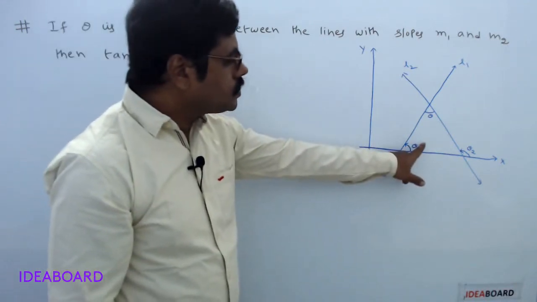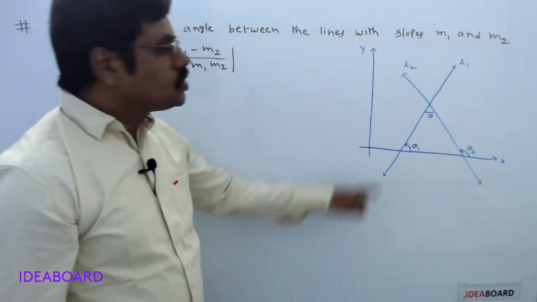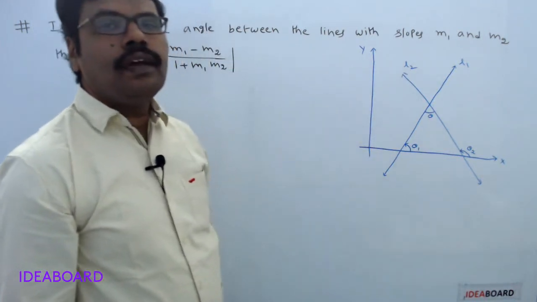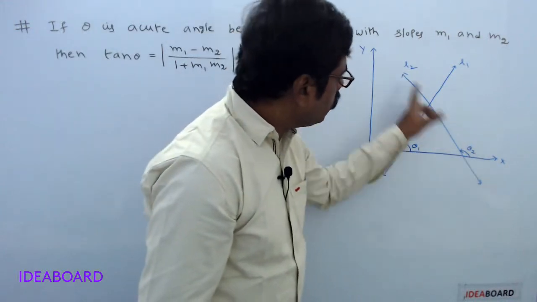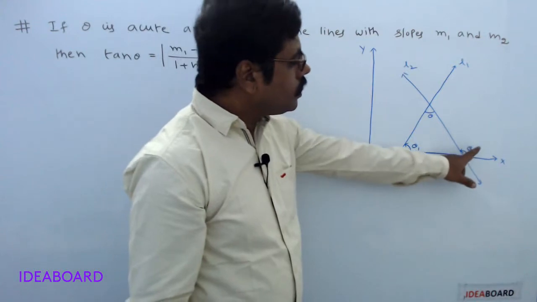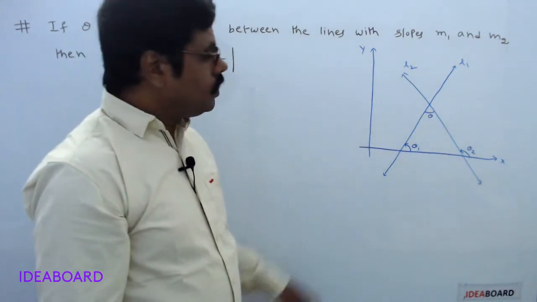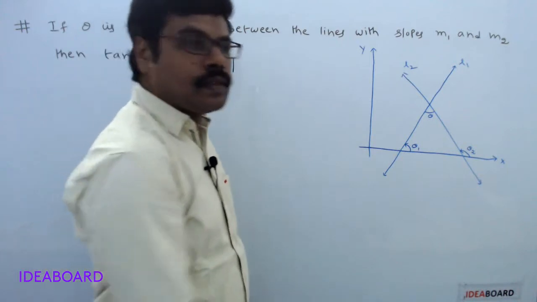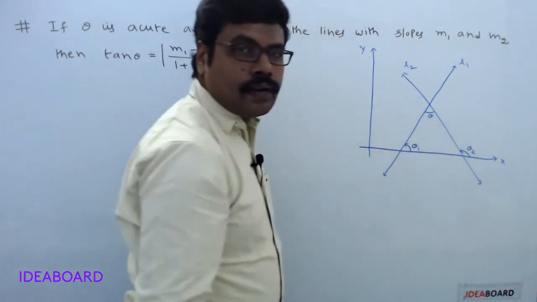If theta 1 is the inclination of the line L1, then the slope of line L1 is tan theta 1. Here theta 2 is the inclination of the line L2, so tan theta 2 is the slope of the line L2. If you observe the diagram, this is the angle between the lines L1 and L2.